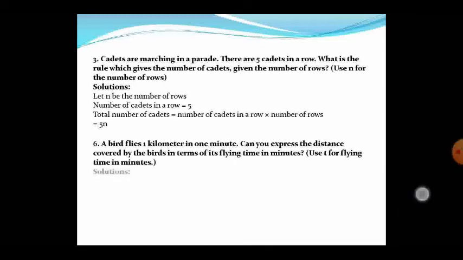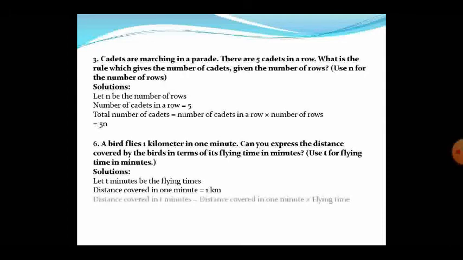Let t minutes be the flying time. Distance covered in 1 minute is 1 kilometer. So the distance covered in 1 minute into the flying time, because flying time is what you need. So 1 into t, that's it. t kilometers. Very easy.